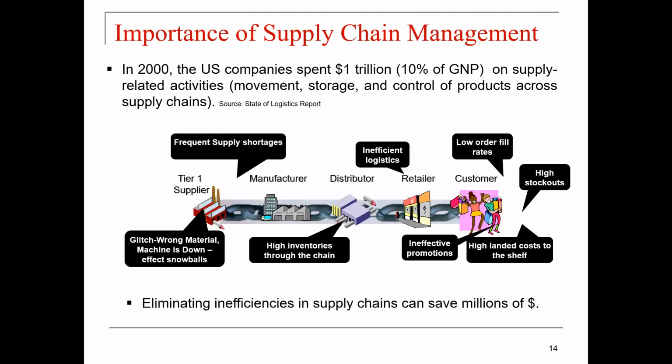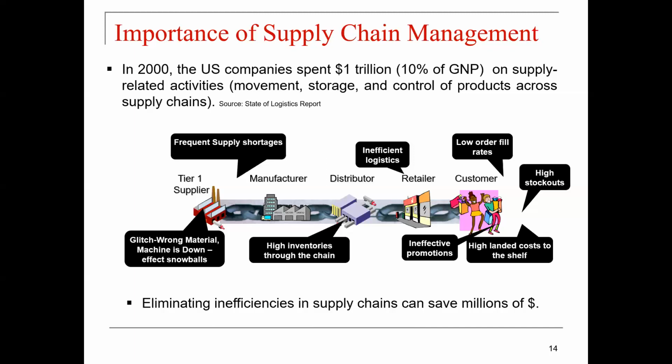If we look at high inventories through the chain, if we need more warehouses, that's also increasing the cost of the product. If we have inefficient logistics, then we might not get the product in the stores, and the customers will not be able to purchase the product.